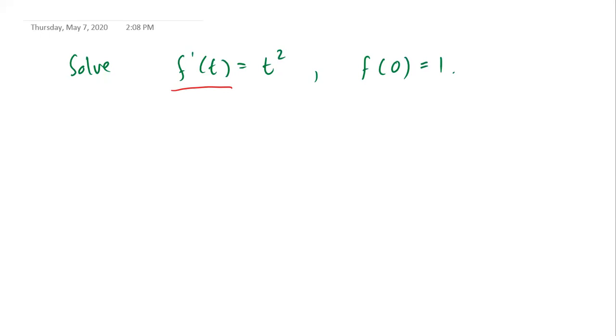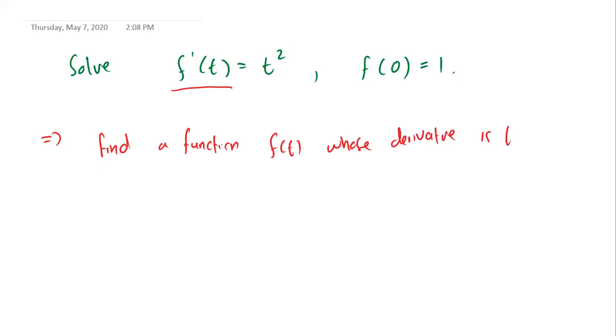This is what is called a differential equation. So here, you just want to find, actually, let me write it like this. Find a function f of t whose derivative is t squared. Right?